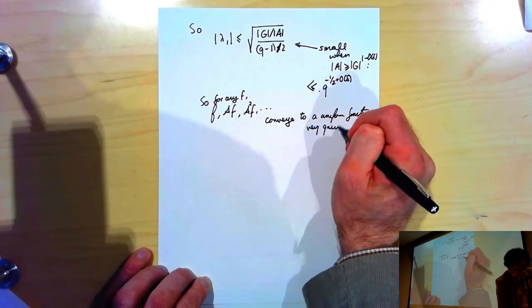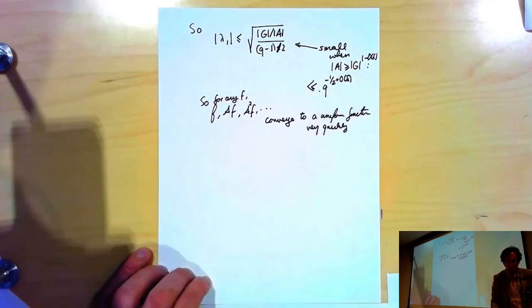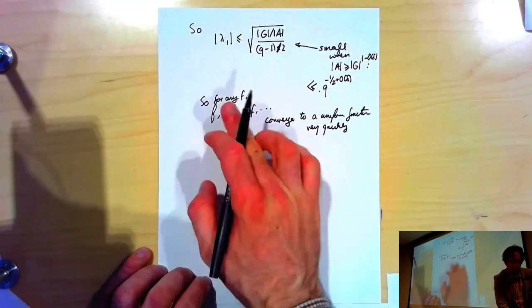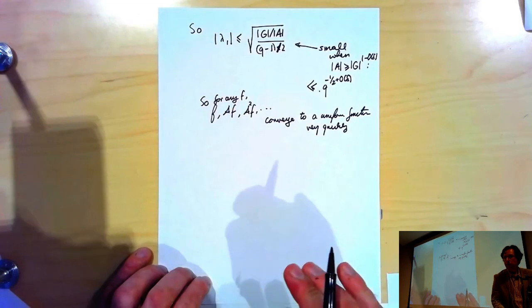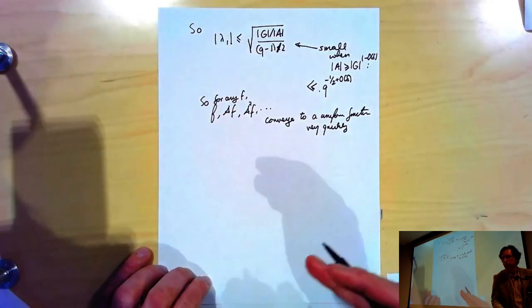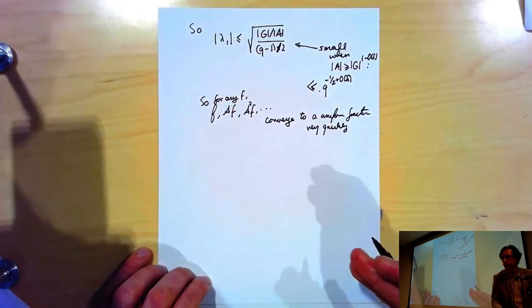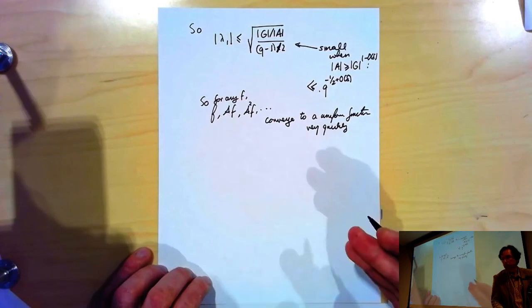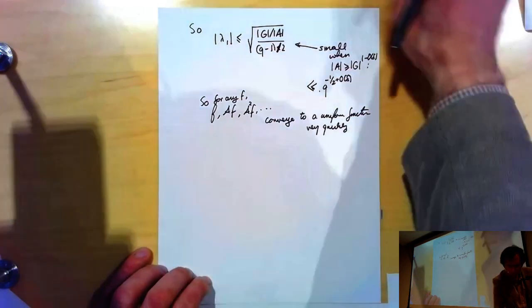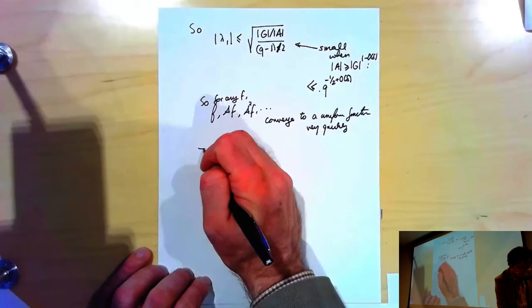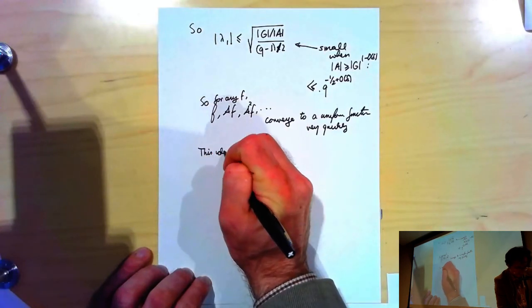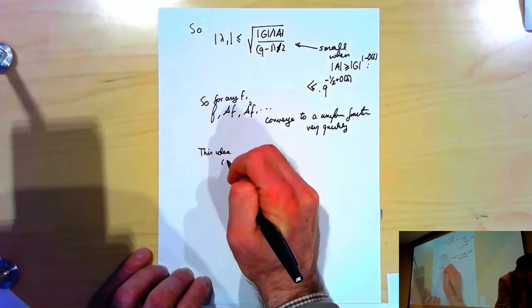In fact, what we really use is that already for 1 or 2 steps, you have something close enough to uniform that it doesn't vanish anywhere.